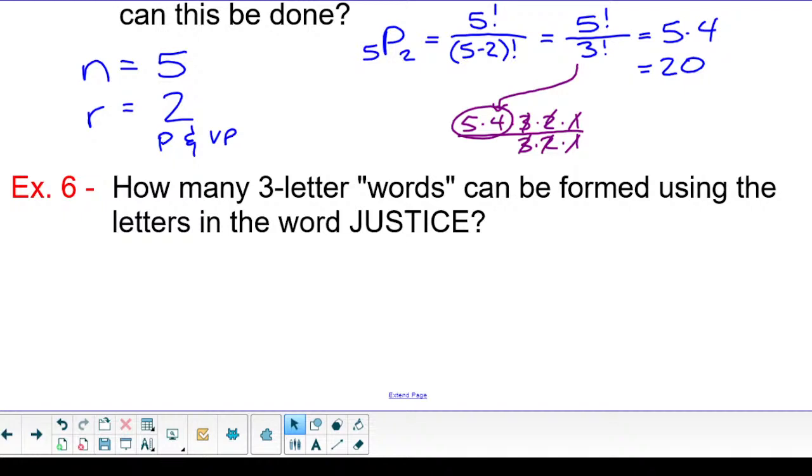Tick. That's tick, ice. I think we're up to 7.